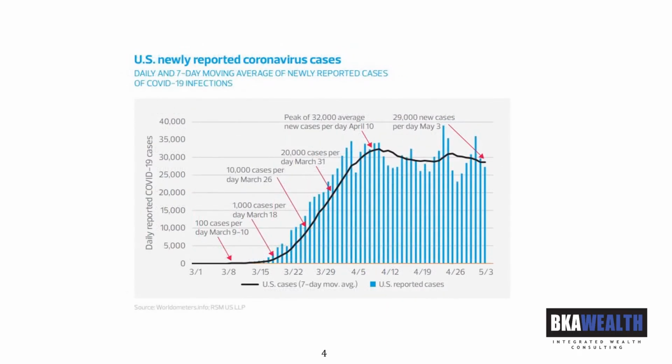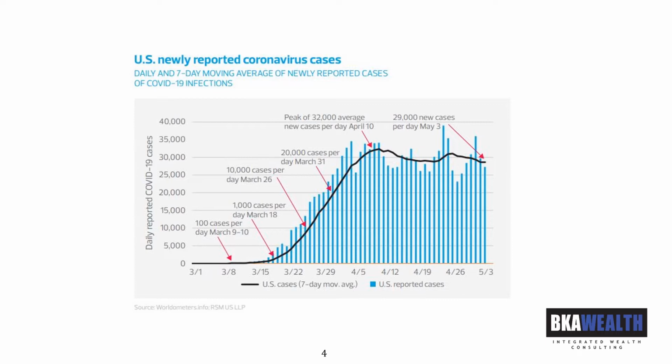In this graphic, we depict the newly reported COVID-19 cases, and as you can see, that black line is the U.S. cases. It's a moving average over 7 days, and then the blue vertical bars are new reported cases on a daily basis.